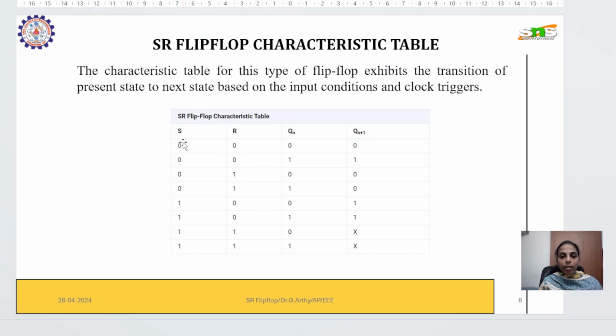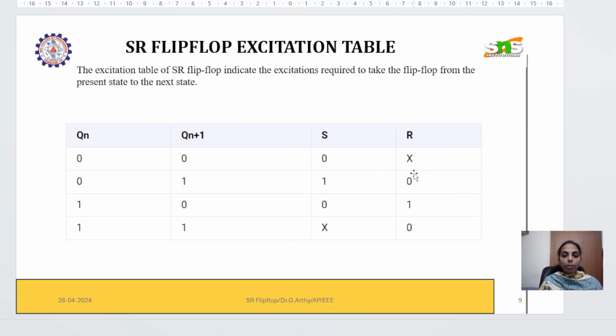In this case S is equal to 0, R is equal to 0. So S is the same for both cases. When Qn is equal to 0 and Qn plus 1 is equal to 0, S is 0 always, but R is varying. R takes the value 0 at one instant and takes the value 1 at another instant. So that is what is mentioned here.